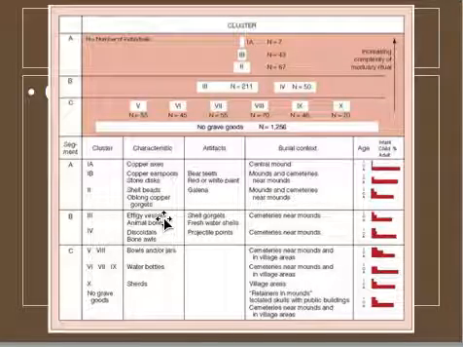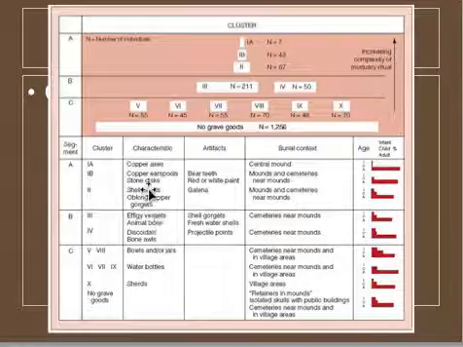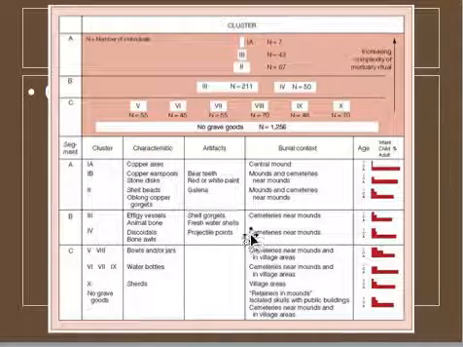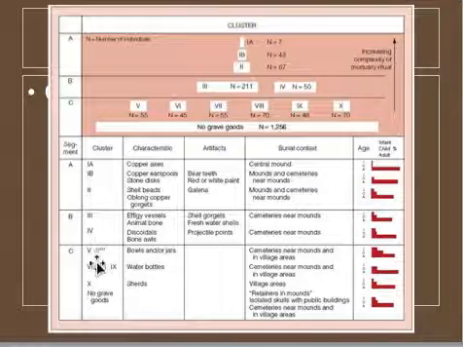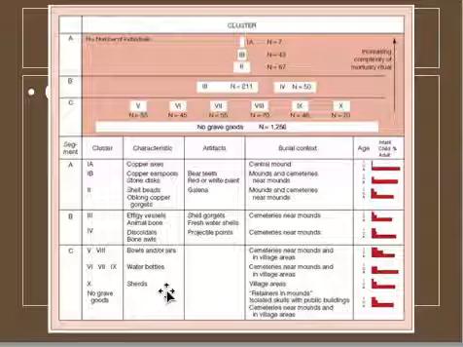Right. The next step down, you can see this cluster over here: effigy vessels, animal bone, right? Shell gorgets. There were cemeteries near the mounds, and then the final group had bowls and jars, some sherds, and they were in cemeteries either near the mounds or outside of the mounds.